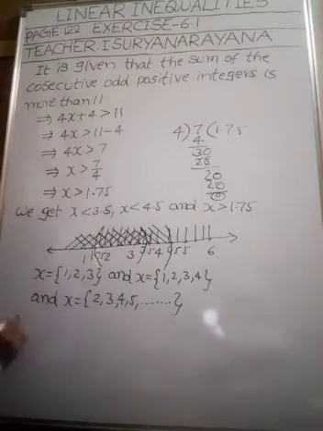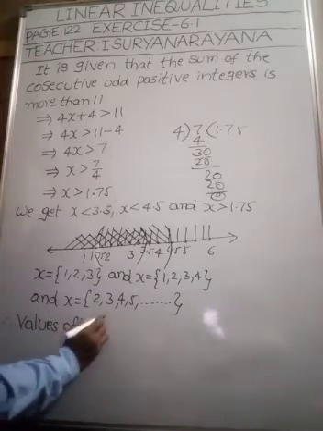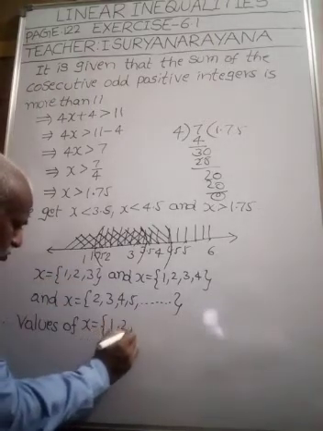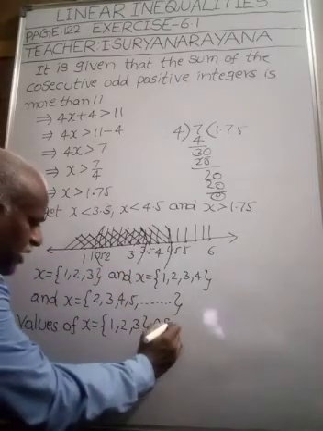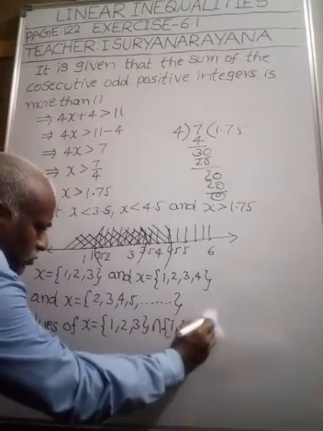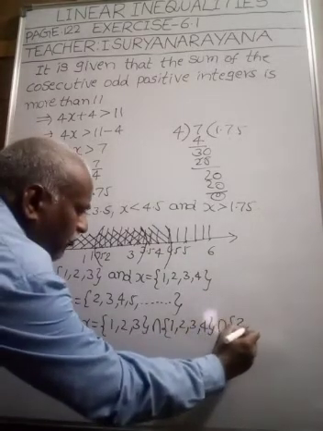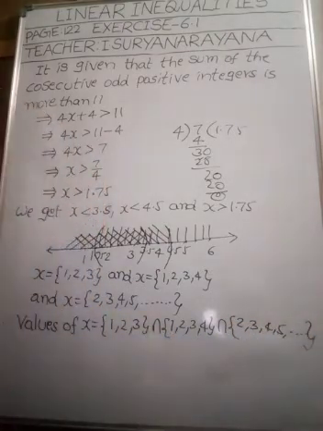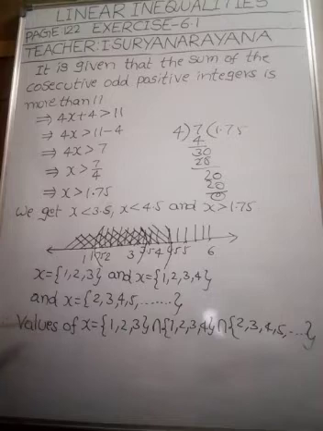Therefore, the values of x is equal to the set {1, 2, 3} intersection the second set {1, 2, 3, 4} intersection the set {2, 3, 4, 5 and so on}. So we find the intersection of these three sets, which gives the values of x. Okay, my children, understood? Right.